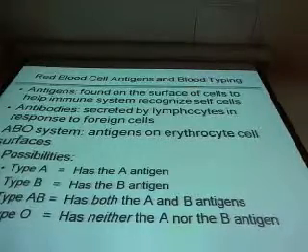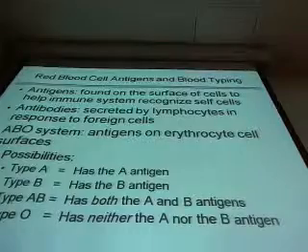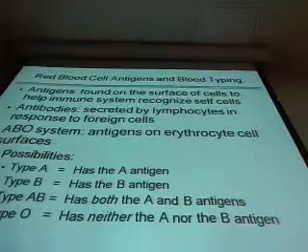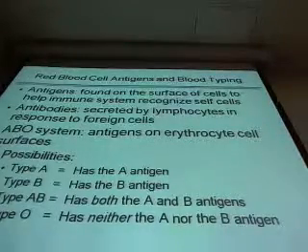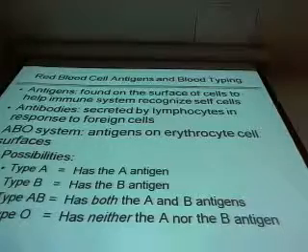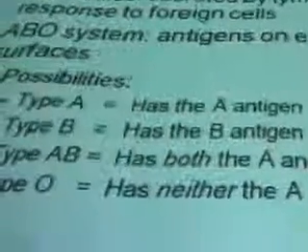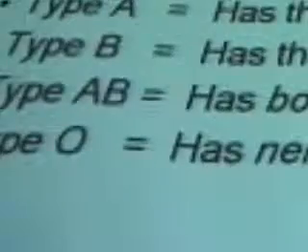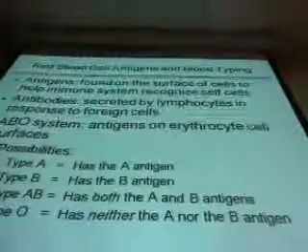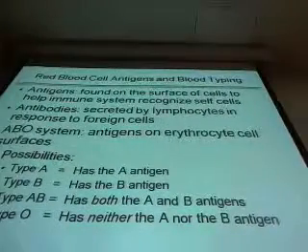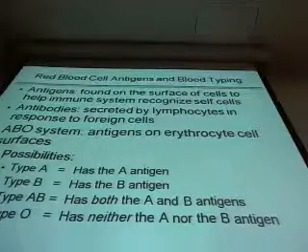So it's a naturally occurring antibody. So A has a naturally occurring anti-B. B has a naturally occurring anti-A because it recognizes that A is foreign. A recognizes that B is foreign. Naturally occurring, we don't know why.